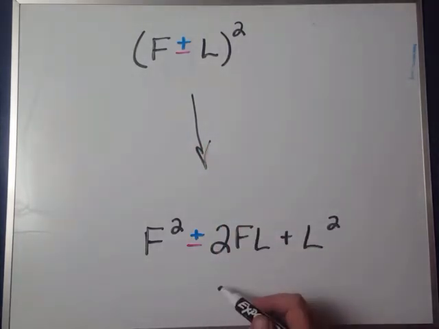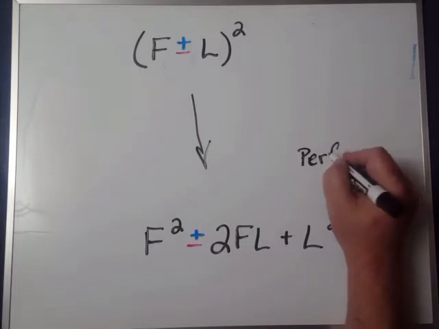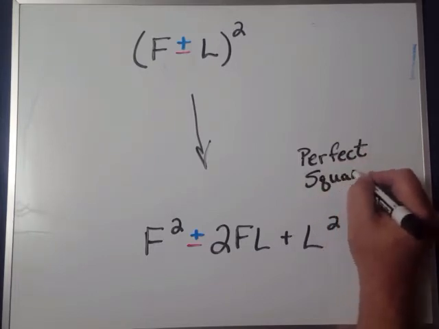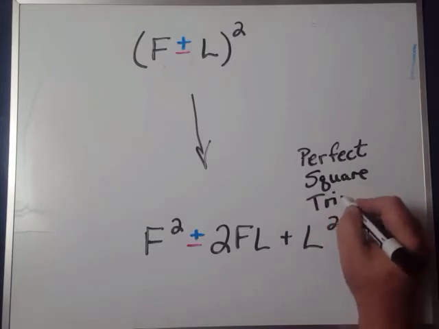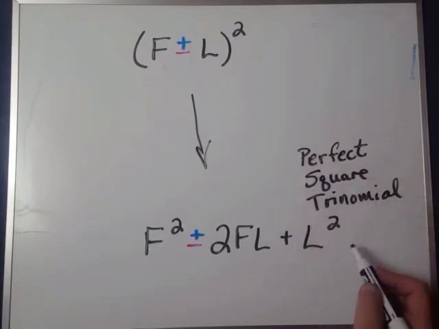Next semester, even more importantly, you're going to be doing things called completing the square. Well, this form here at the bottom is called a perfect square trinomial. And we will use this term in Chapter 5.